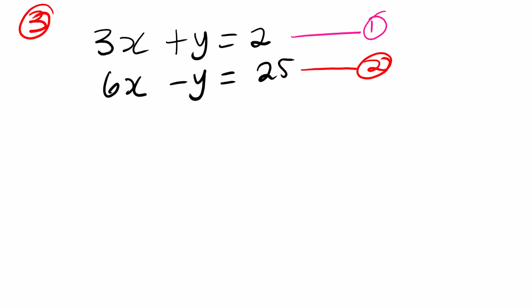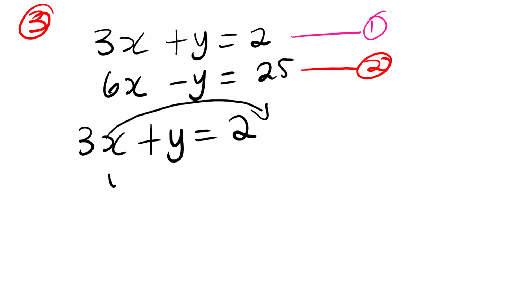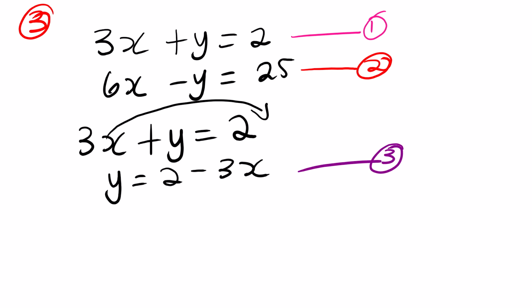As you can see that the coefficient of y variable is positive 1. So 3x plus y equals 2. Transposing this, I have y equals 2 minus 3x. Then this will be our equation 3.